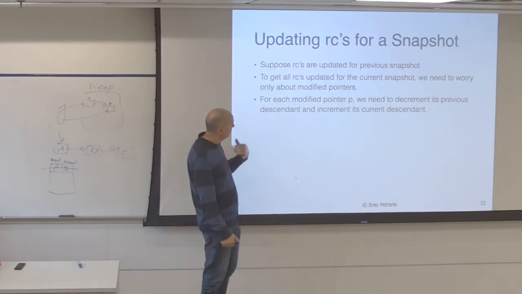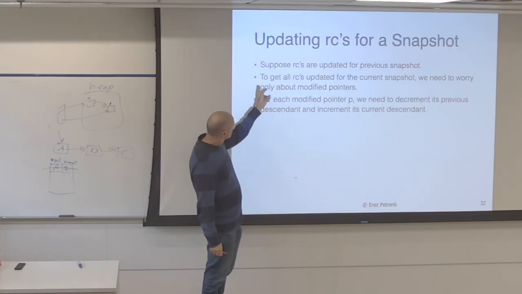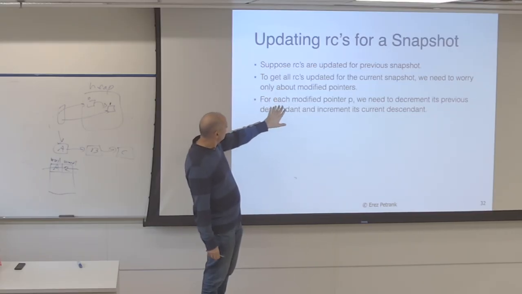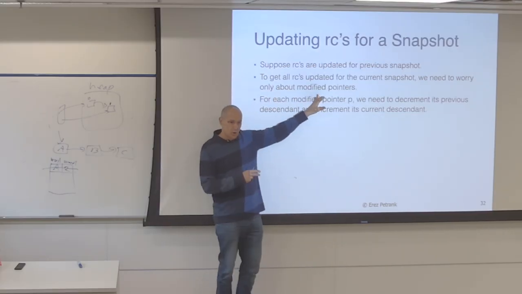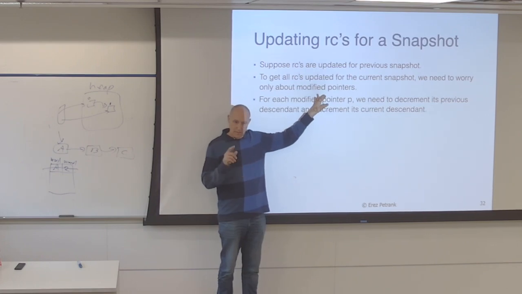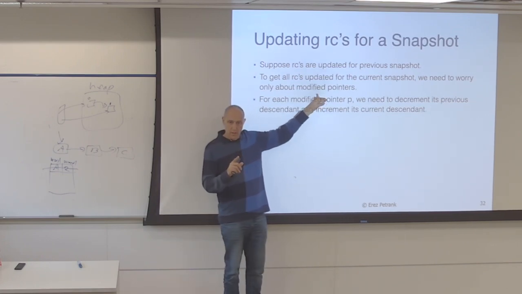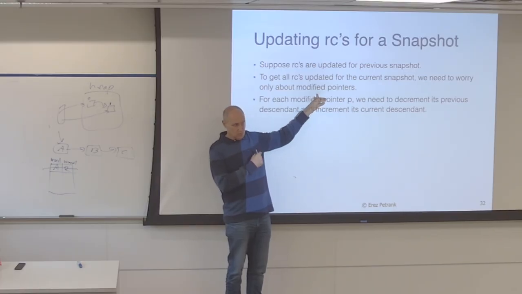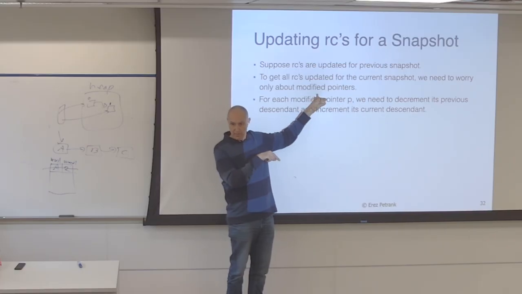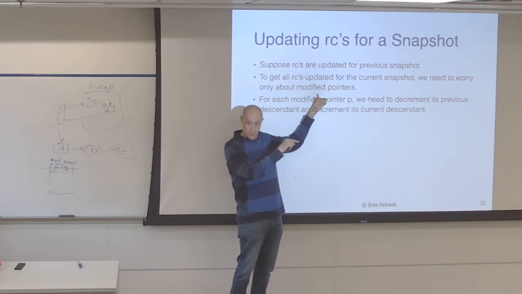So we just need to worry about these modified pointers. For each modified pointer, we decrement the reference count for O0, which it pointed to in the previous snapshot, and increment the reference count of ON, which it points to in the current snapshot.